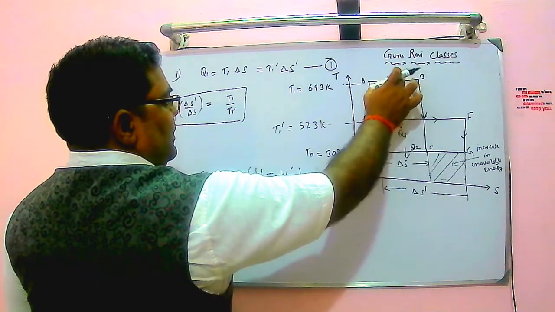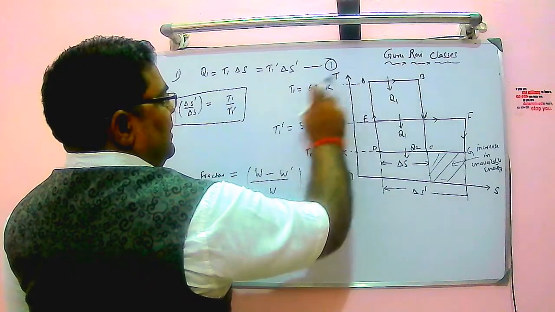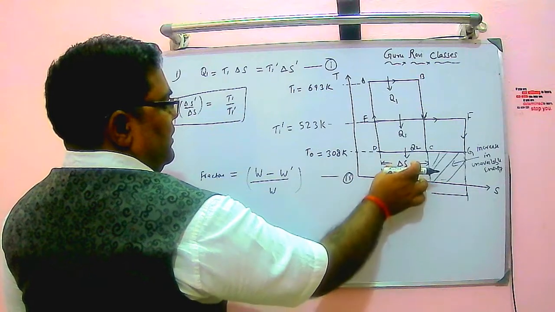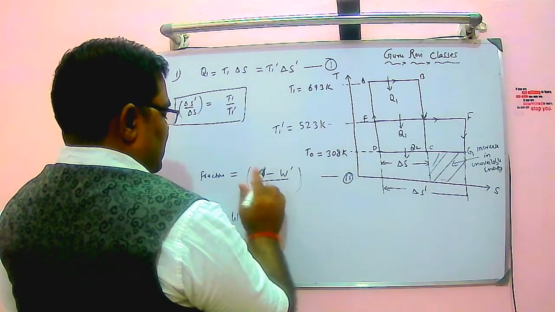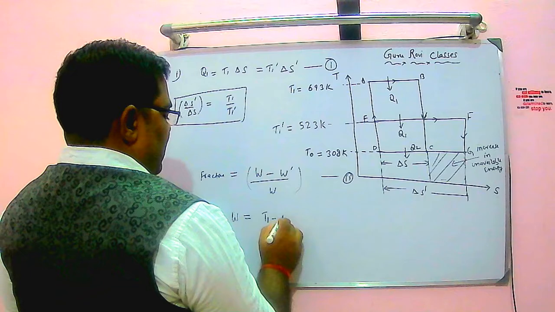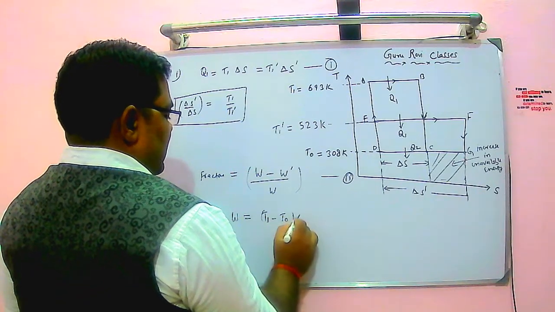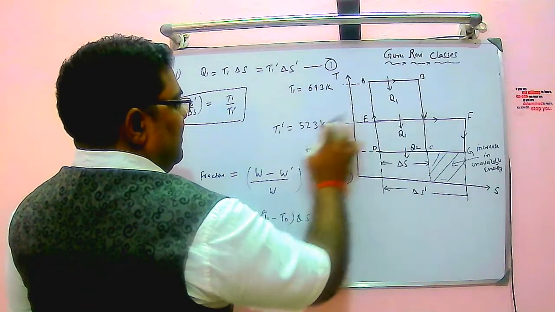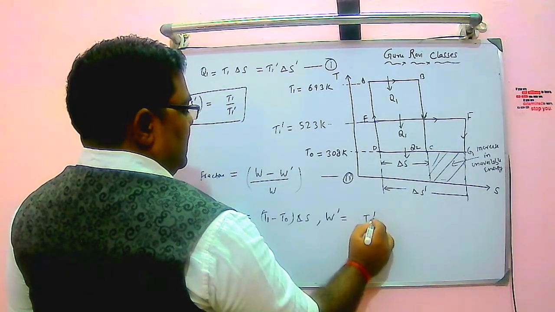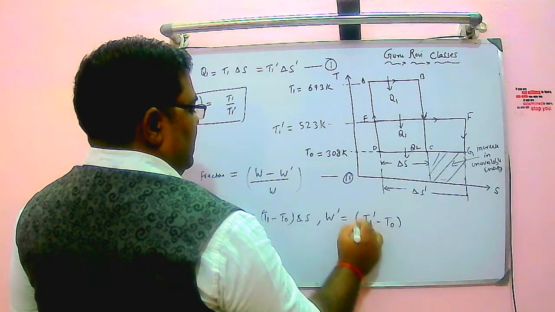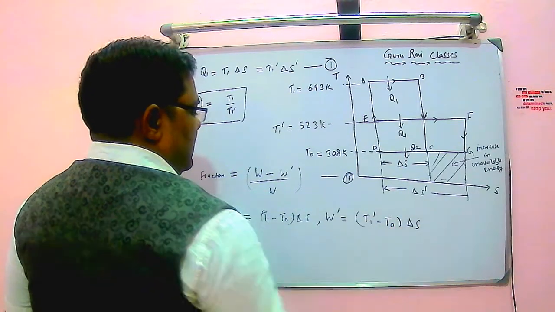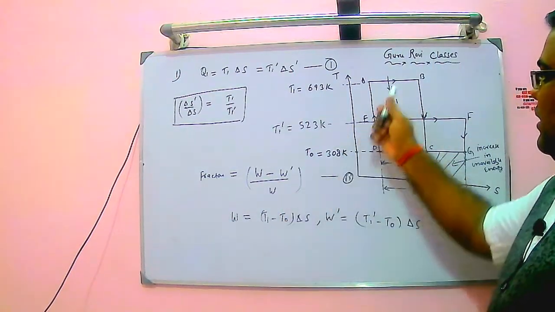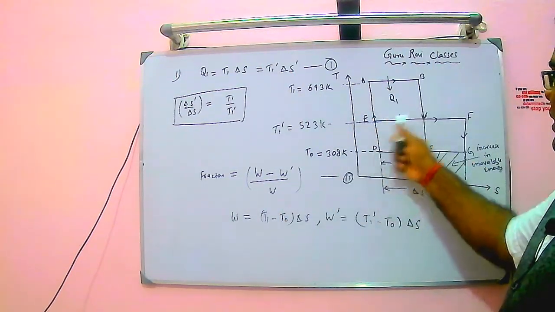For this cycle, Q1 is just T1 into delta S, and Q2 is T0 into delta S. So W is equal to T1 minus T0 times delta S. And W dash will be nothing but T1 dash minus T0 into delta S. So this is the available energy of work in this cycle, and this is in this cycle.